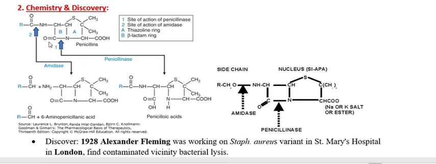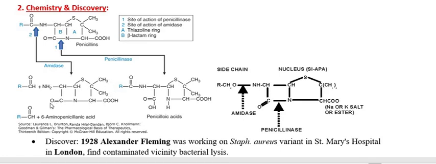Both are responsible for producing penicillin G. When you put the enzyme amidase in the broth of Penicillium chrysogenum, it breaks down this side chain, and this structure is formed. This structure, as a whole, is called 6-aminopenicillanic acid.